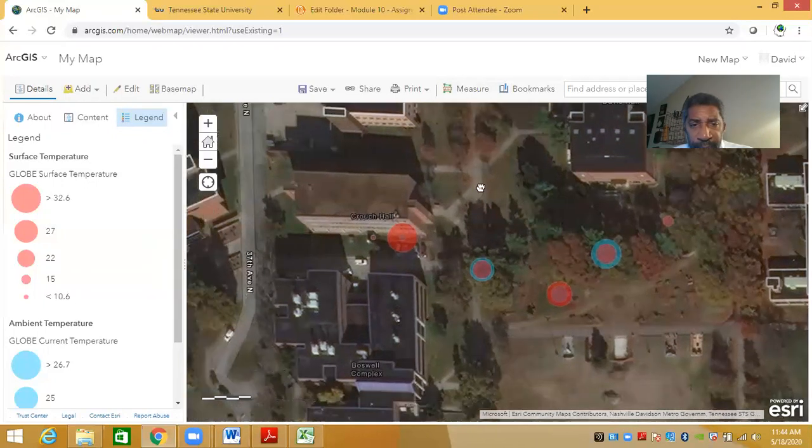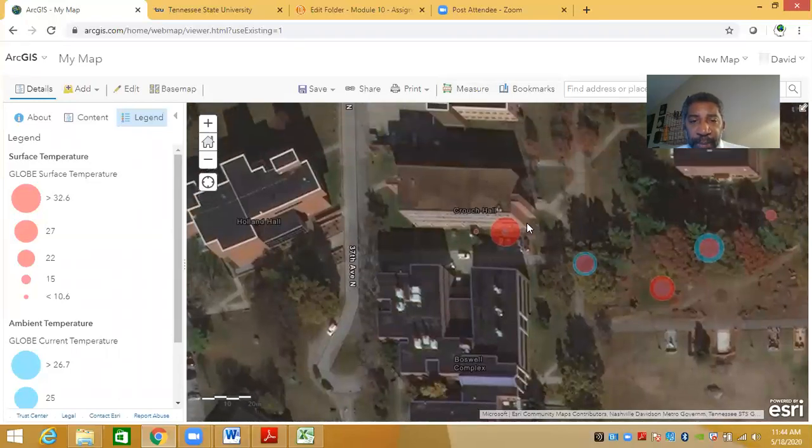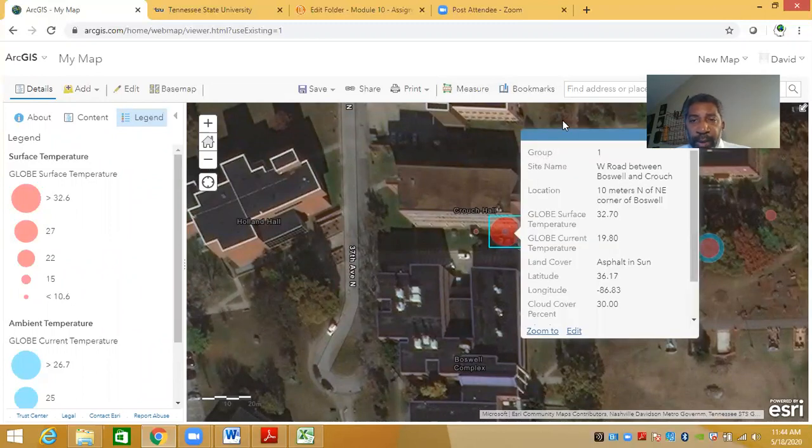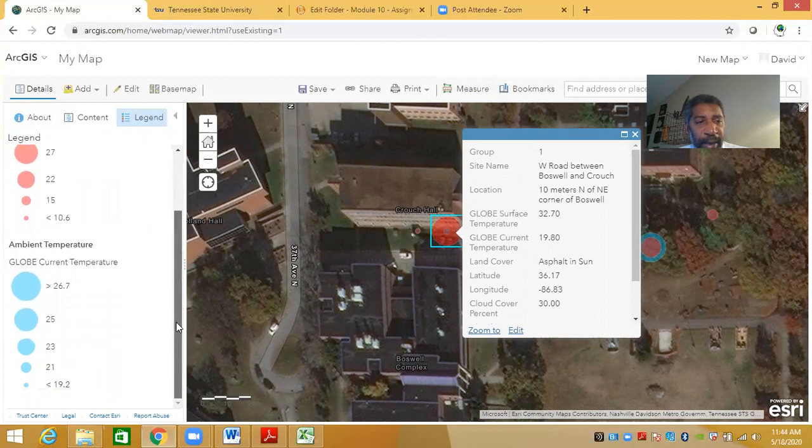So let's go over here to Crouch Hall and notice we have a sample site. Let's look at this sample site. I'm going to click on this sample site, and if you notice clearly with this sample site, we have a higher surface temperature than the ambient temperature.